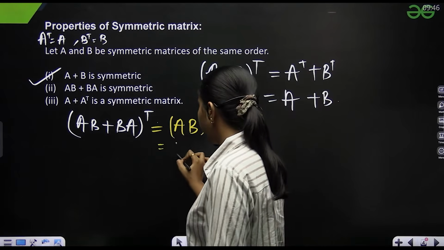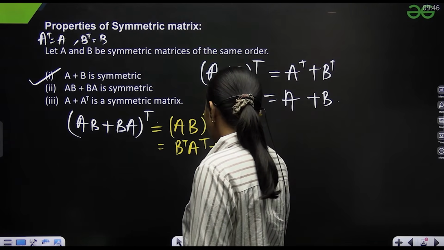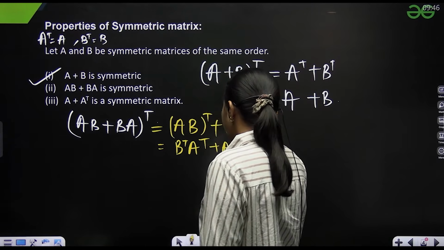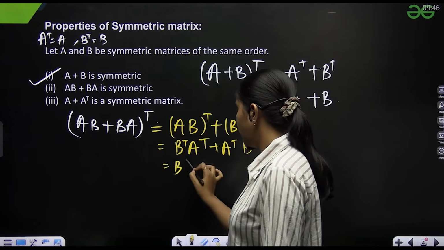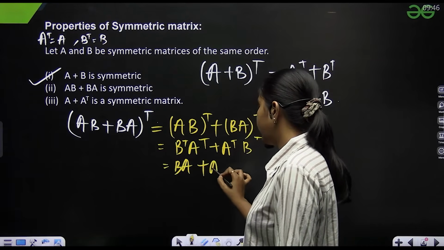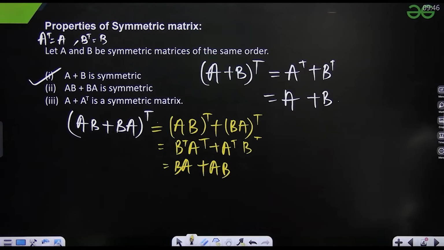So what would it become? B transpose A transpose plus A transpose B transpose, that's how I'll expand it, right? And B transpose is B, so BA plus AB. So I get the same matrix. So I'll say that AB plus BA is a symmetric matrix.